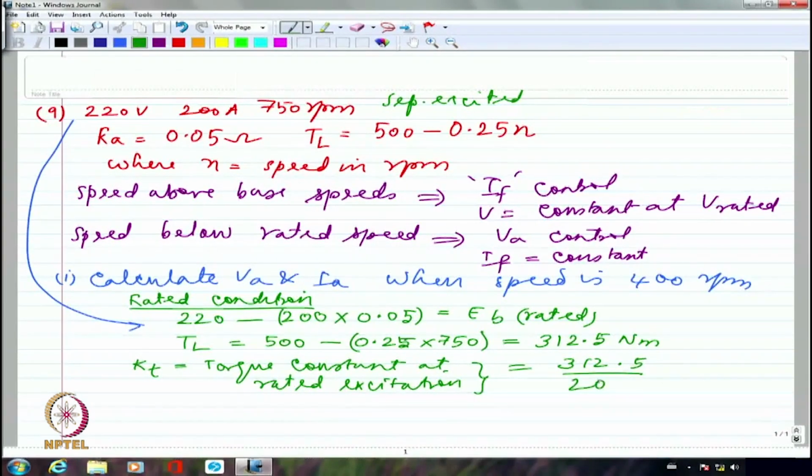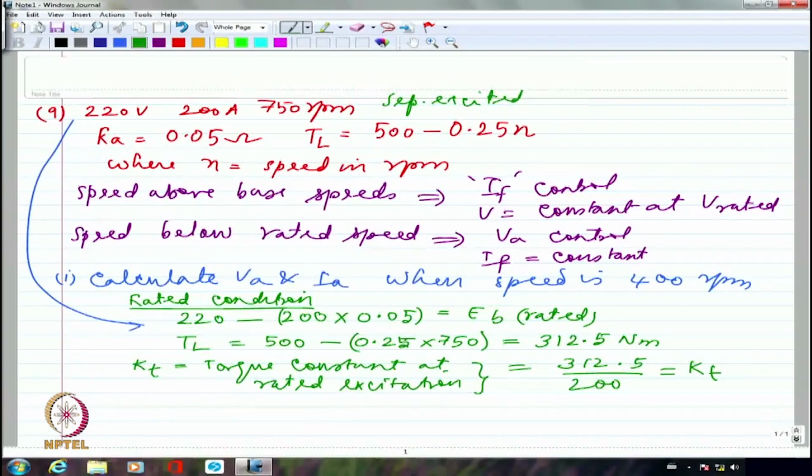This will be KT, whatever is the value. Okay? Fine. Now I have to calculate at 400 RPM what is VA and what is the value of IA.